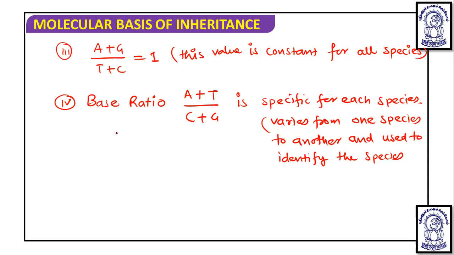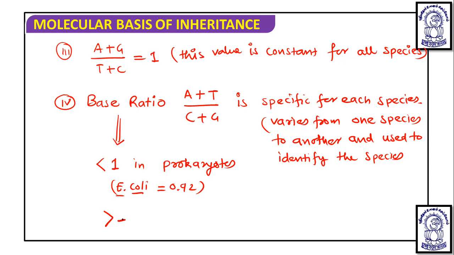This ratio is less than 1 in prokaryotes, like if we take the example of E. coli, it is 0.92, and it is greater than 1 in eukaryotes.